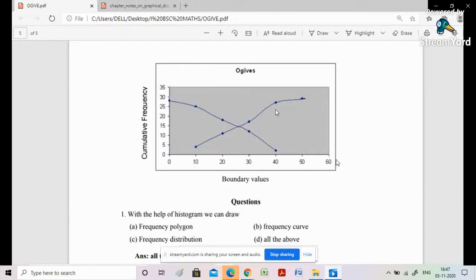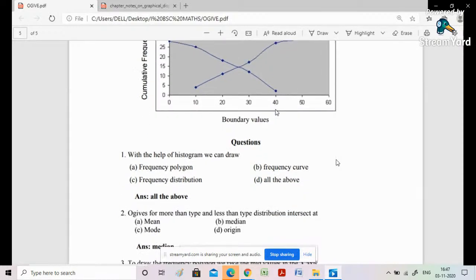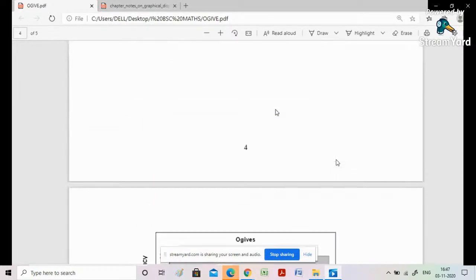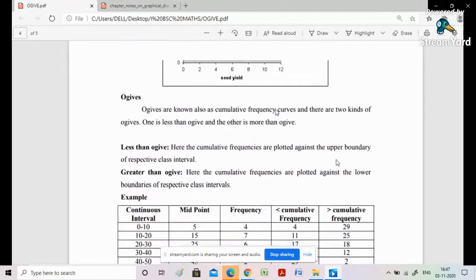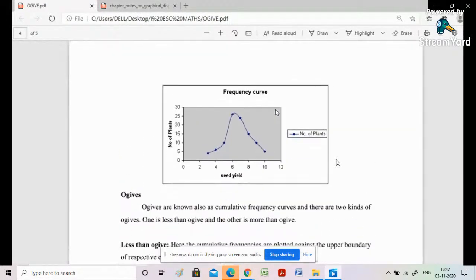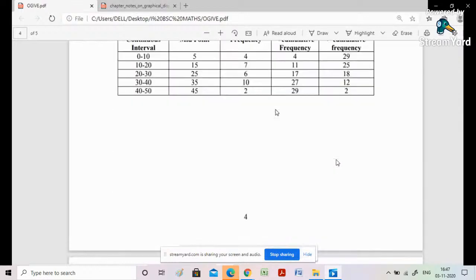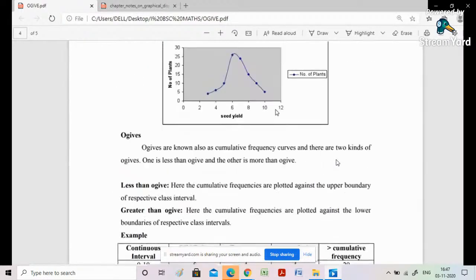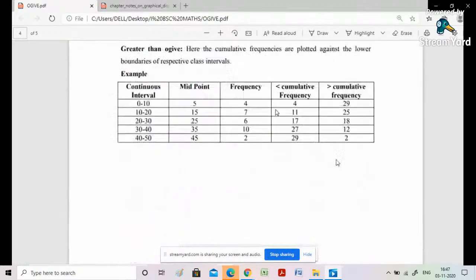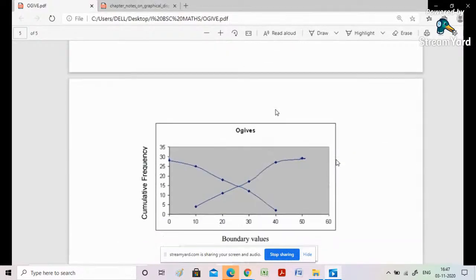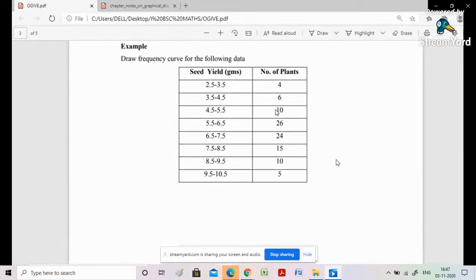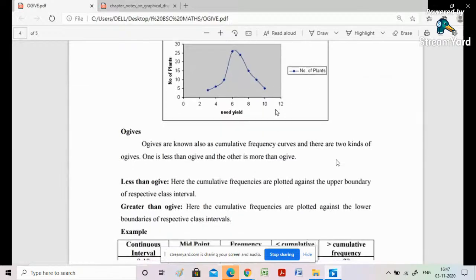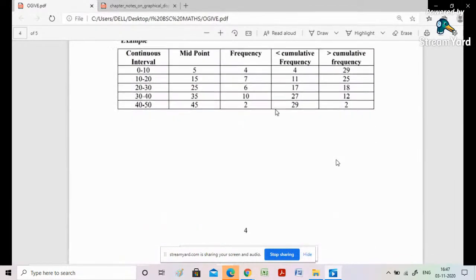So we can infer about the population distribution and the pattern of the distribution, whether it is normal, non-normal, etc. That type of information can be drawn using the frequency histogram, frequency curve, frequency polygon, then the Ogive curve.